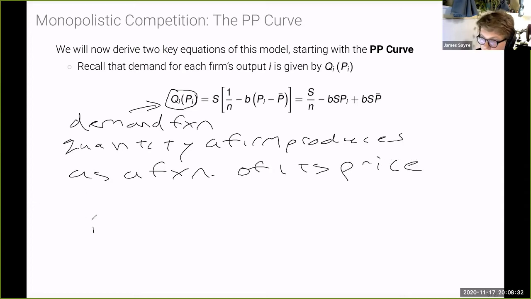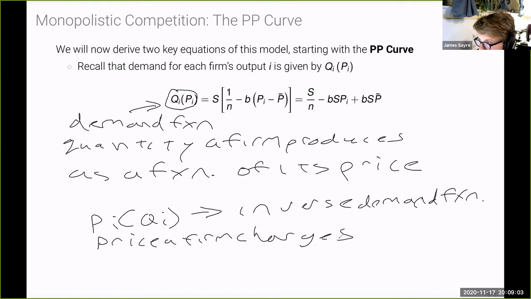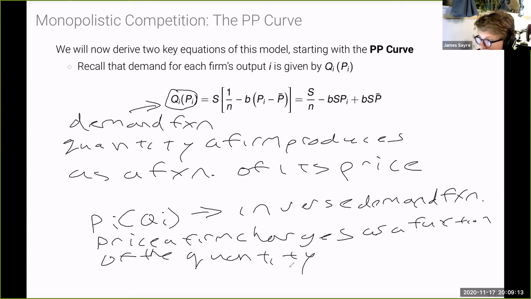Well, then the inverse demand function would be PI of QI. This is just the reverse: the price a firm charges as a function of the quantity it produces. It's going to be more helpful to take our demand function and write it as an inverse demand function. So let's go ahead and do that.